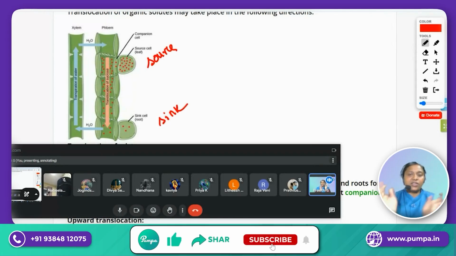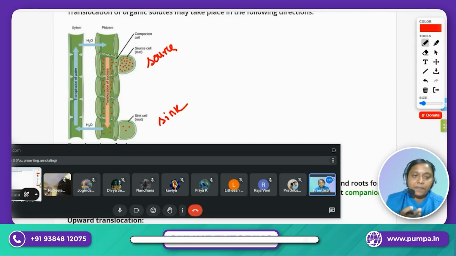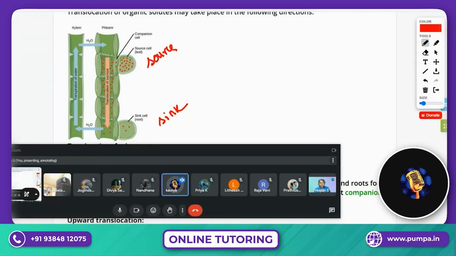Which one is called the kitchen of a plant? Leaf, very good.